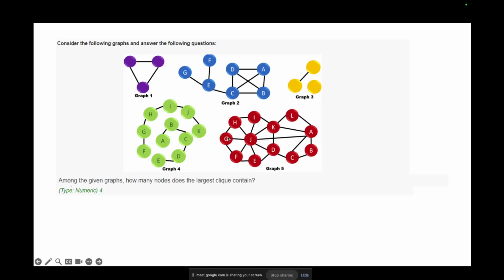Individually these are cliques. 8g and j are a clique. ijk is a clique. jfe is a clique. But this whole component, if you imagine, is not a clique because certain connections are missing inside here. Okay? It's not fully connected. So yeah. Okay, I hope I'm clear.